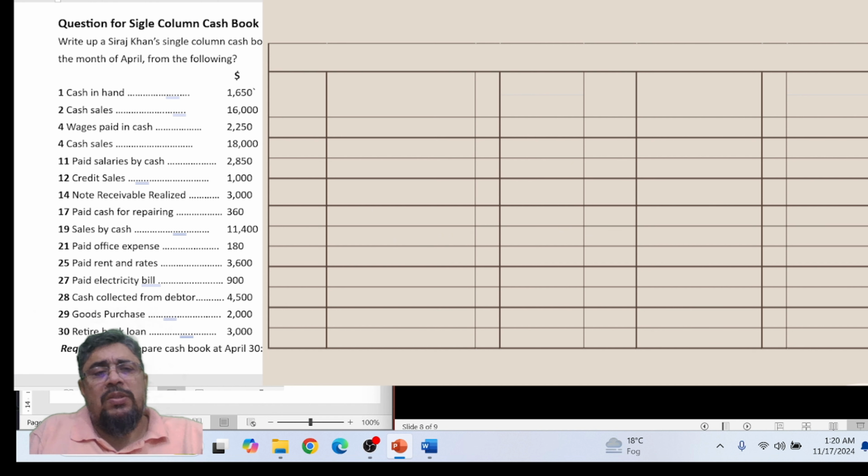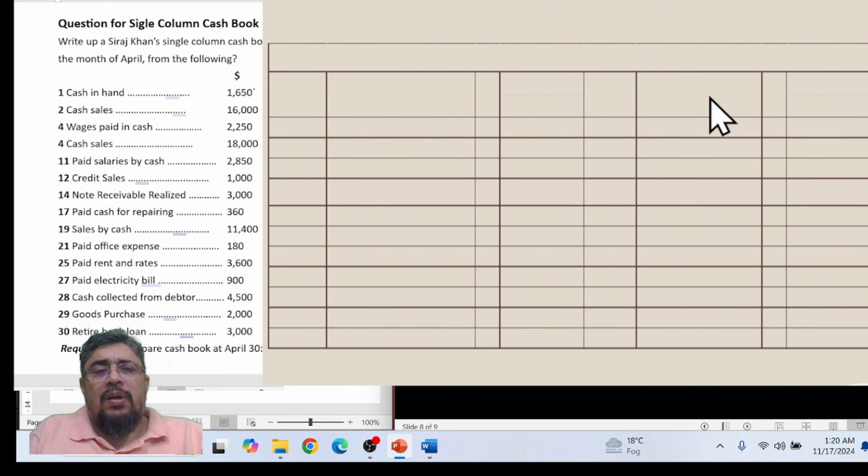The transactions are given for the month of April. This is the format of the cash book. Here you can see there are two sides, debit and credit, and each side has four columns.